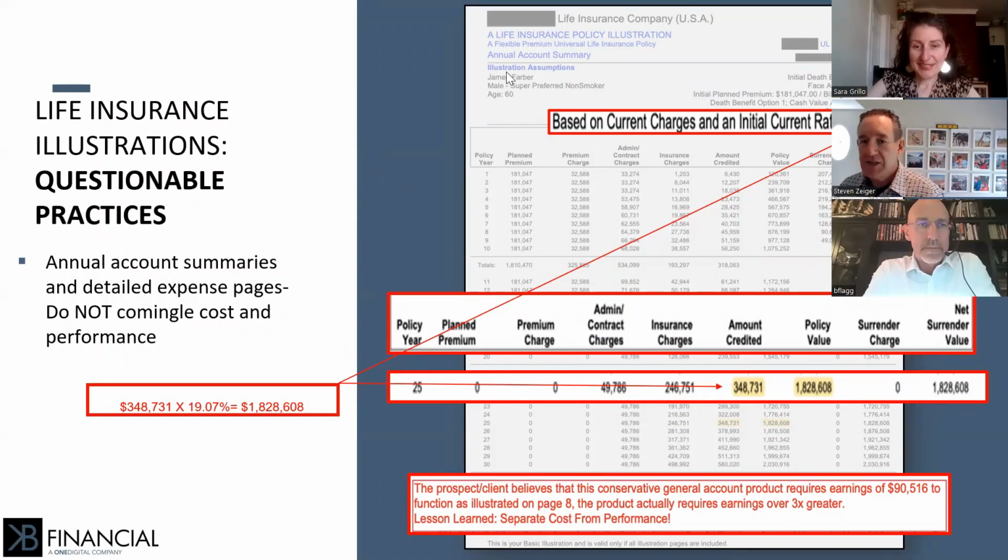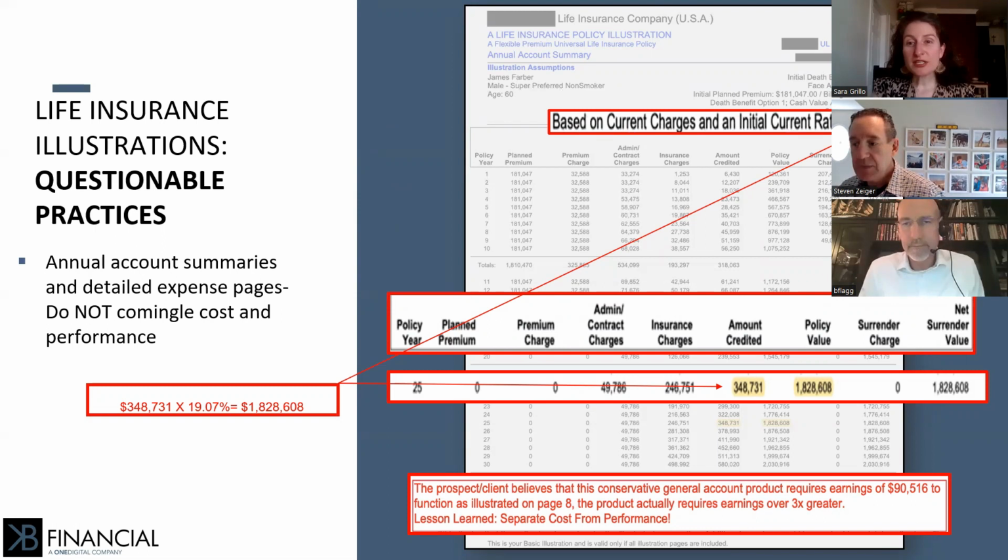So can everybody see my screen with some little red pop-outs on it? Okay. So in the upper right, this illustration is based on an initial rate of 4.95%. What does initial rate mean? It means how much the insurance company is crediting on the policy owner's account today.